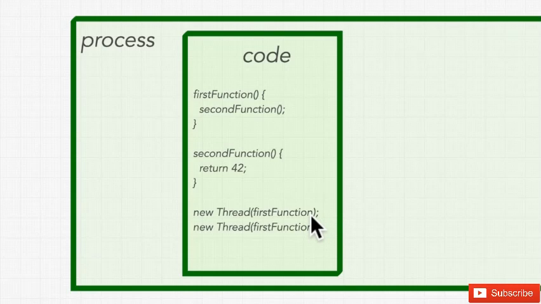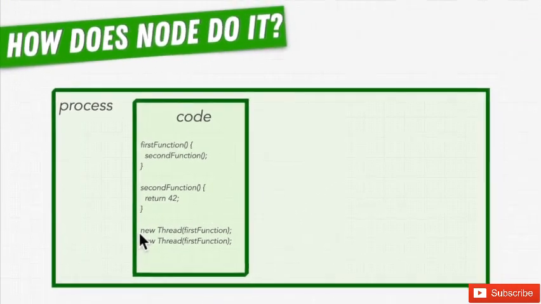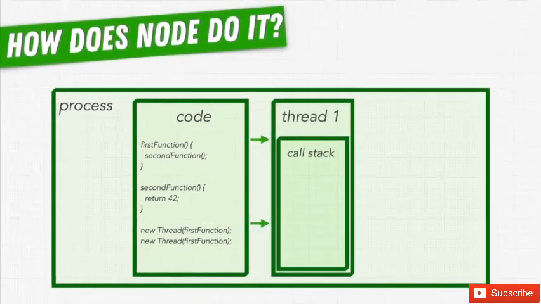And so what happens is when this first line of code is executed, our process creates a new thread, which also lives inside the memory for our process, and it represents a single sequence of operations. Operations like functions, and the function calls that are contained in the code of your process.